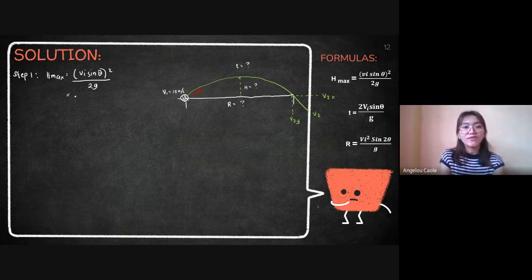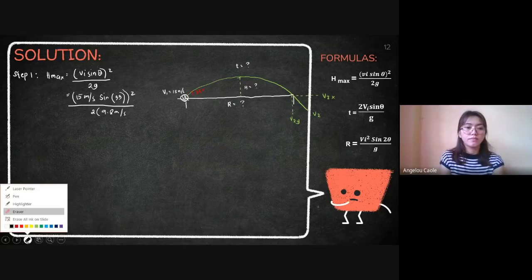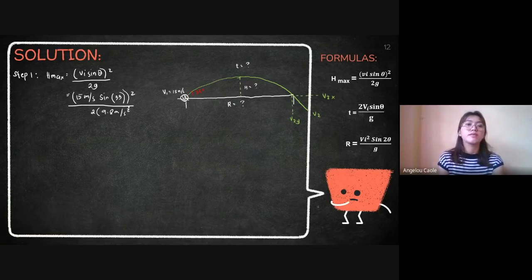For the V_i, we have 15 meters per second, sine of the angle 33, squared, divided by 2 times 9.8 meters per second squared. So the answer here is 3.41 meters.